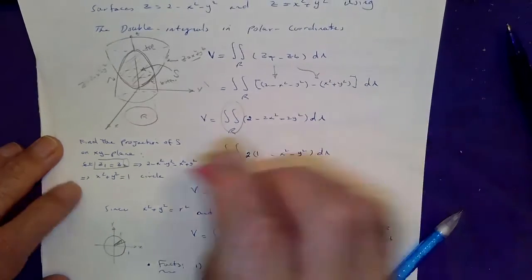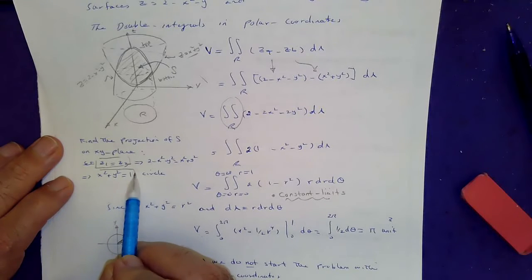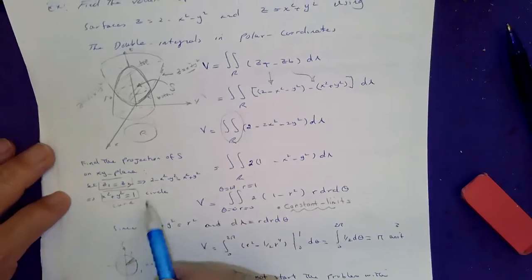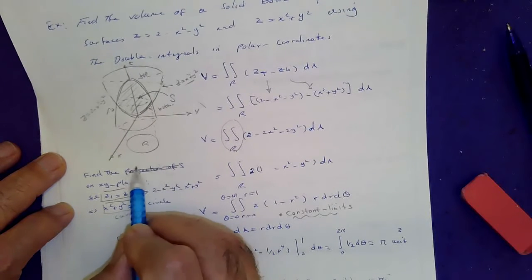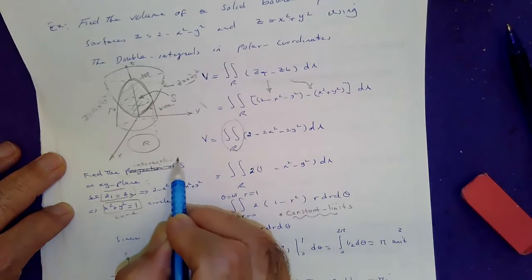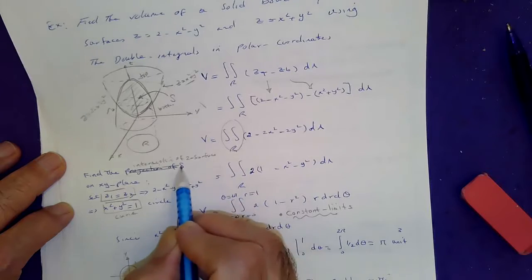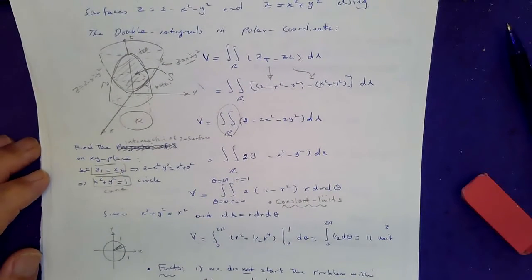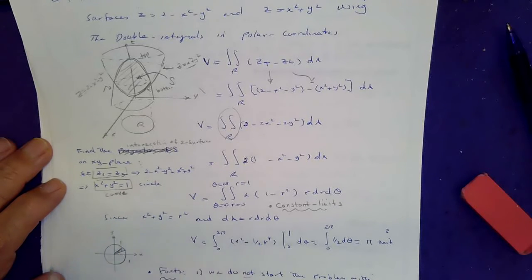Z1 equal to Z2 and see what the resulting curve is. Remember, the intersection, sorry about that, intersection of two what? Surfaces, not the projection, intersection. Intersection of two surfaces is a curve. So this is a curve.